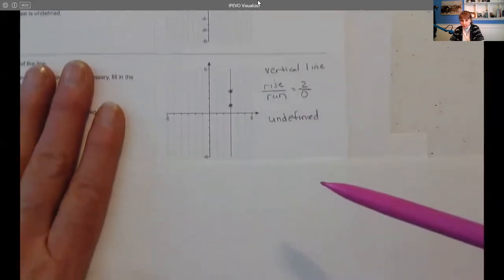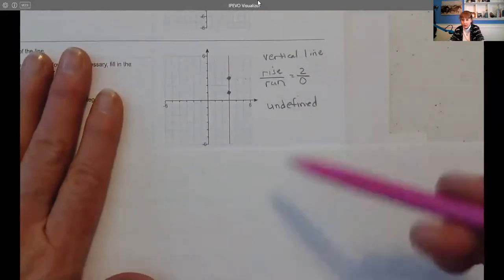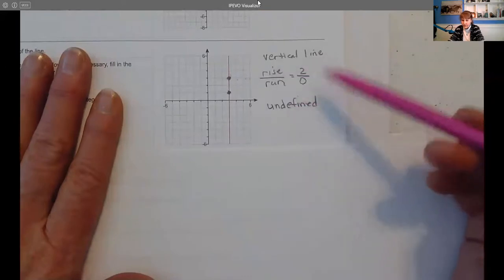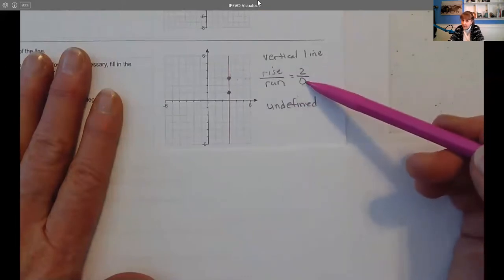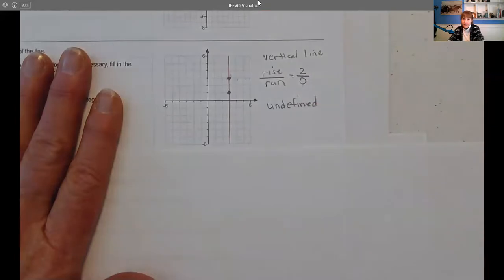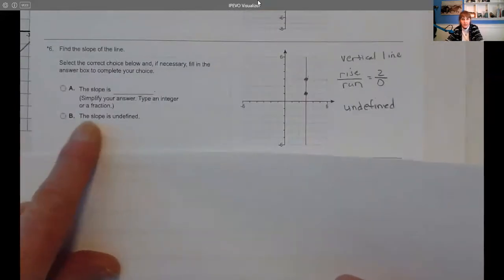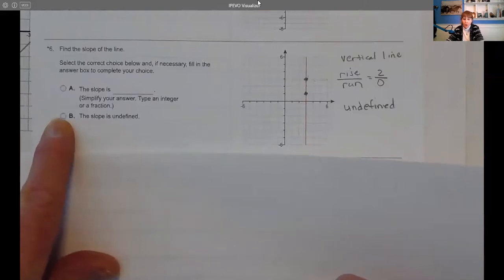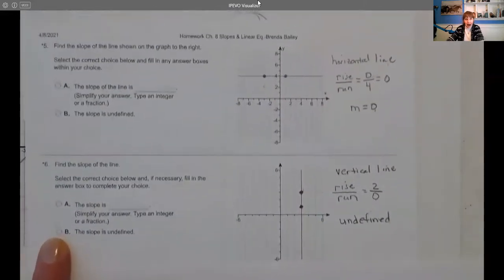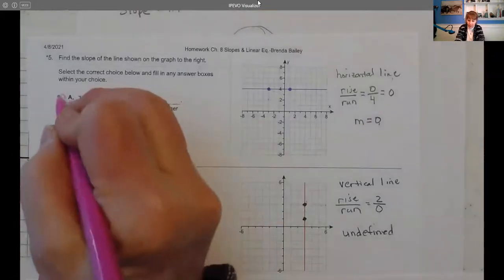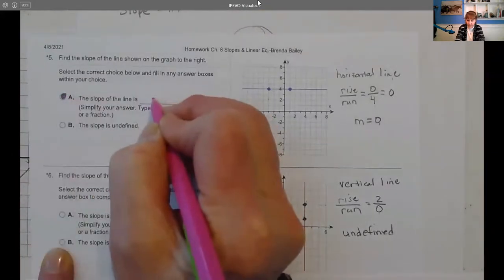If you're just working with numbers and you end up with a 0 in the denominator, it's undefined. They give you a choice for undefined here. The slope is undefined, your choice is B. Whereas for number 5, the slope is 0.